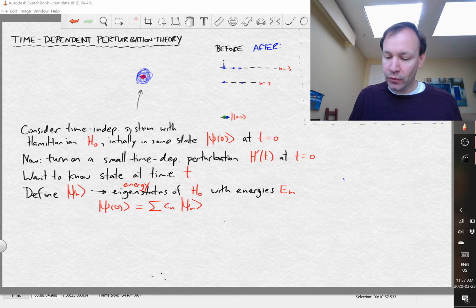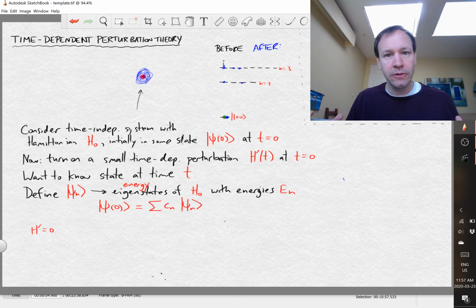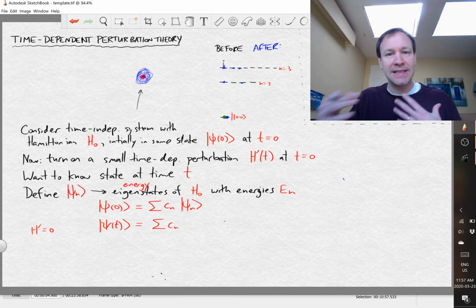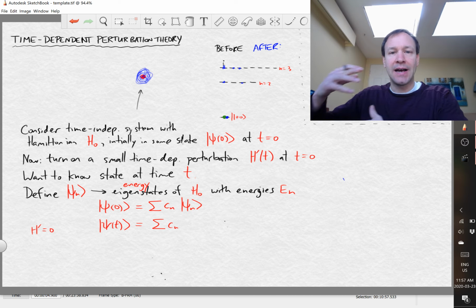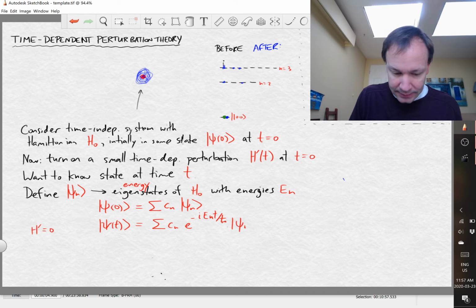So if we just had H prime equals 0, then psi of t is that same linear combination, but each energy eigenstate will evolve by multiplication with a phase. So we get Cn times e to the minus i En t over h bar, and then psi n.